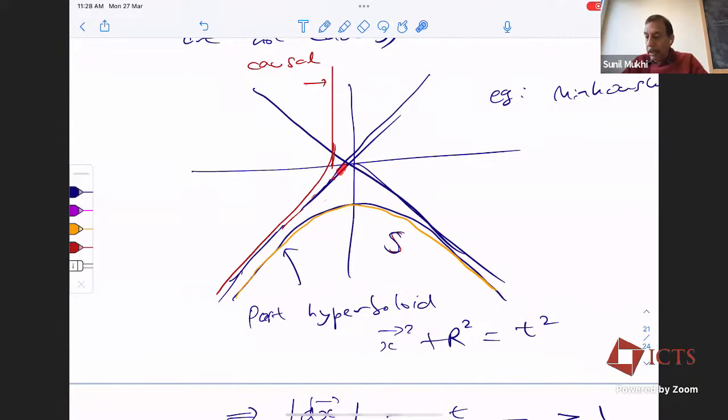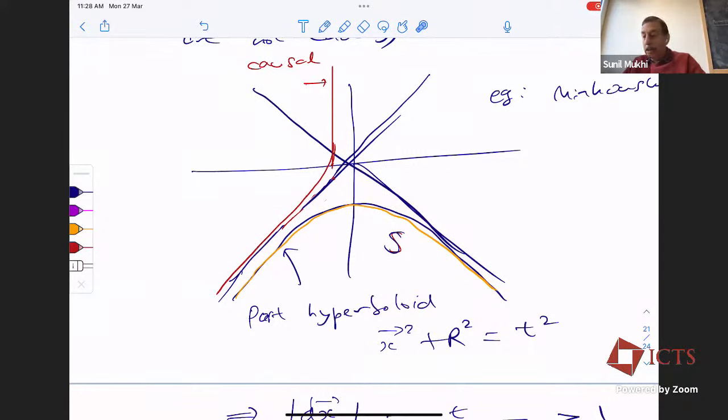Well, you can go arbitrarily close to this light cone. So the light cone is the boundary. And exactly that boundary of the closure of the domain of dependence of S is the Cauchy horizon. So in this case, the Cauchy horizon is exactly the light cone.